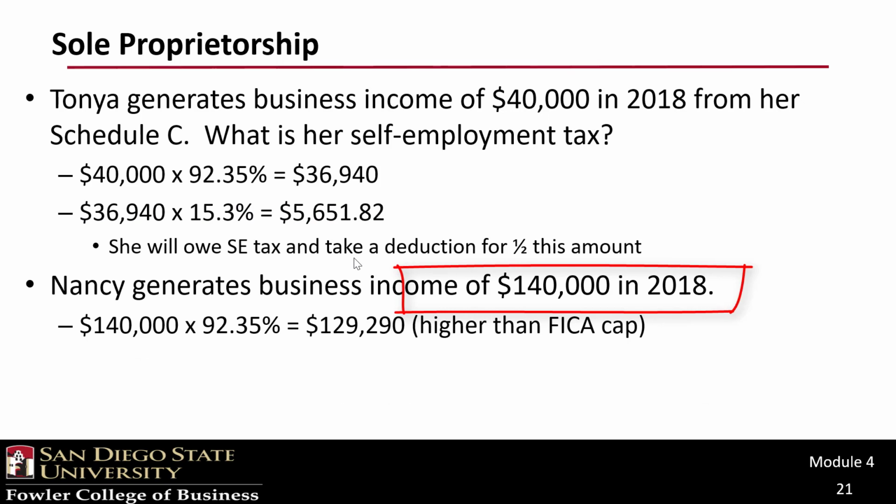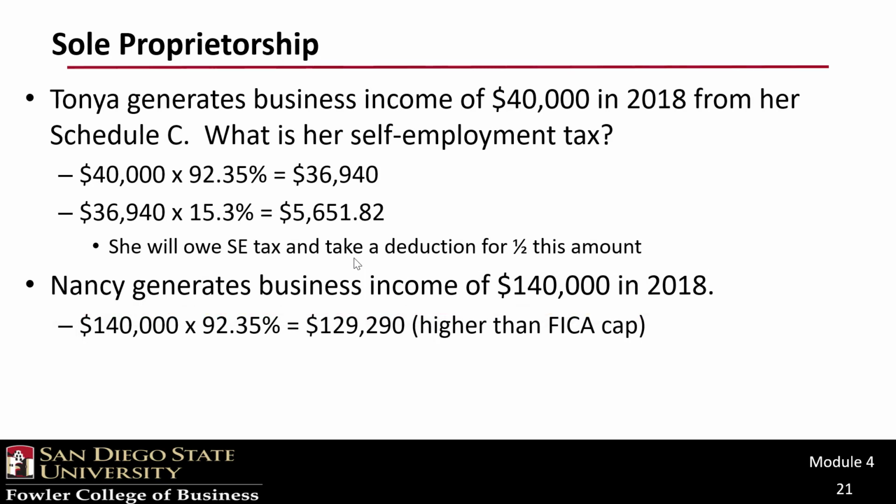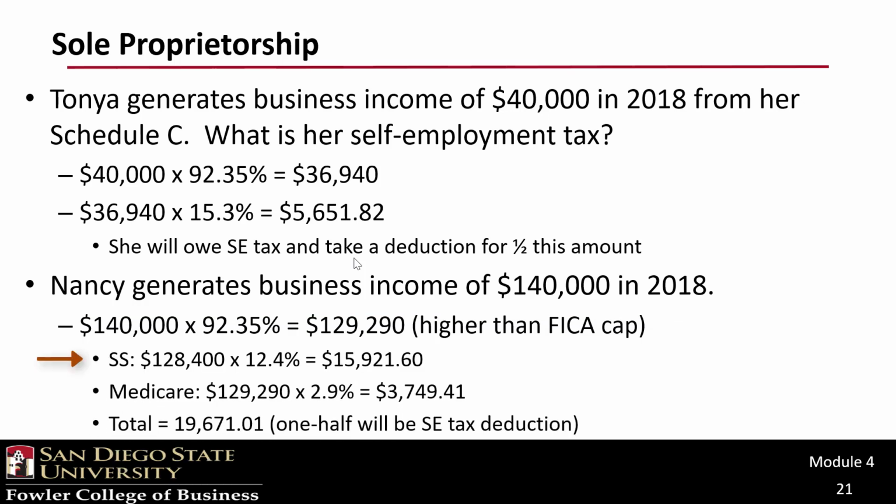Nancy, with the higher income, is also eligible for the 7.65% haircut, but her business income exceeds the FICA cap, and so her Social Security tax is only up to the 128.4. Her Medicare tax is on the full amount, and of course, she is also eligible for the 1/2 of self-employment tax deduction.